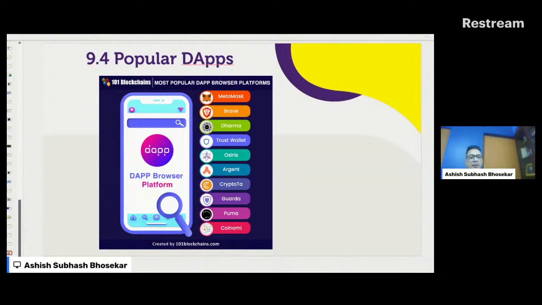And in the world of cryptocurrencies, we have decentralized exchanges, or DEX, that allow users to trade digital assets. One example here is, as I said, I'm personally using Trust Wallet. Even MetaMask is one of the things, and there is also Crypto.com. So these are some of the popular dApps. Go and look into this.